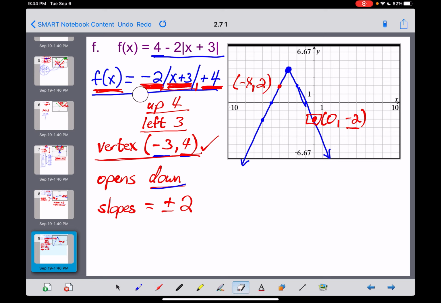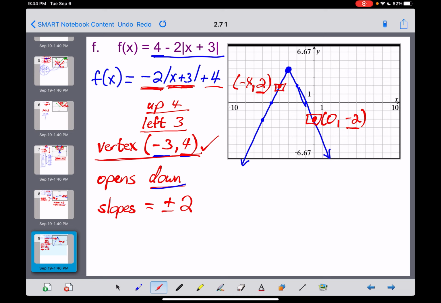When we put in -4 for x, we should end up with +2 for y. Let's check it. -4 plus 3 is -1. The absolute value of -1 is +1. +1 times -2 is -2. -2 plus 4, yep, is +2. That point works out as well.